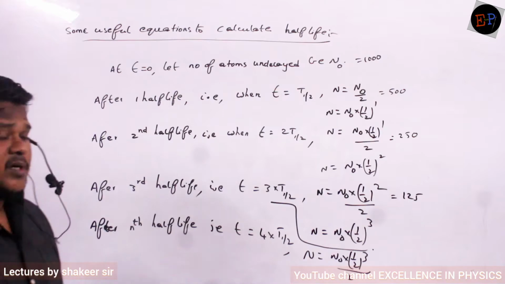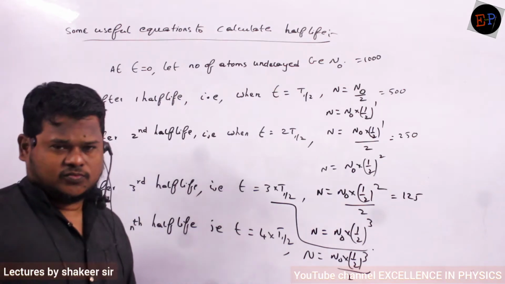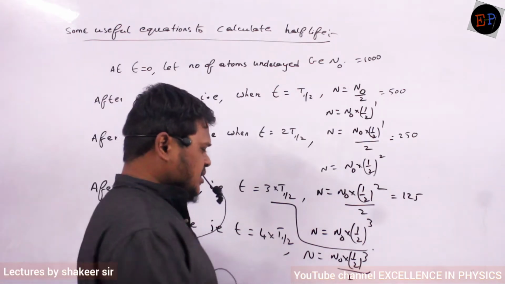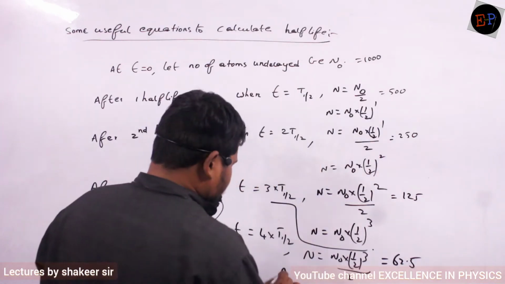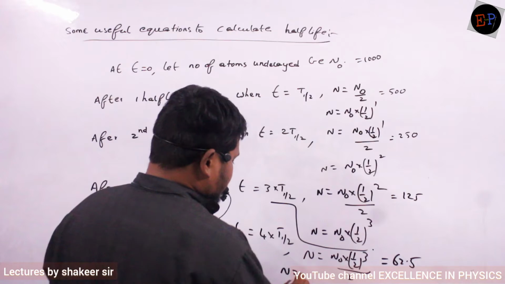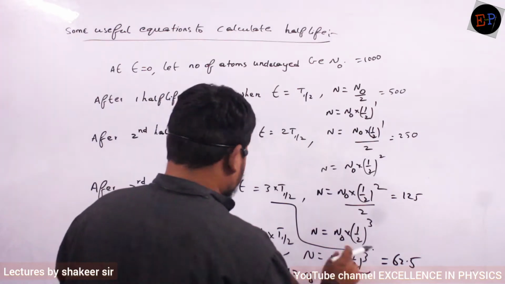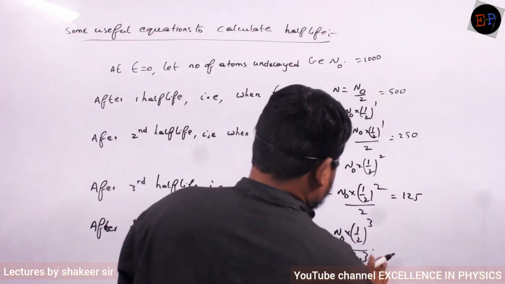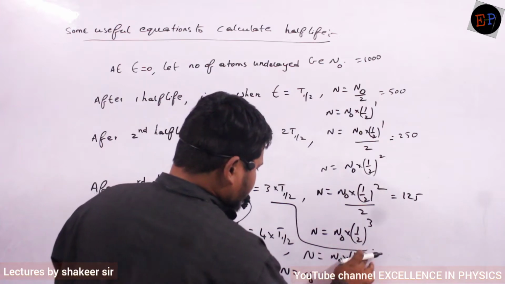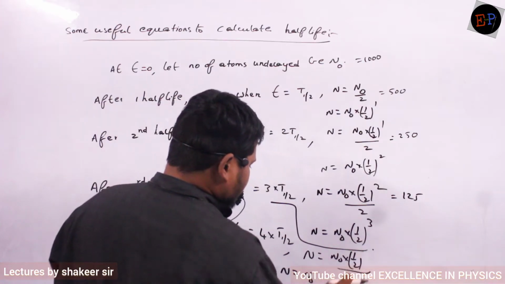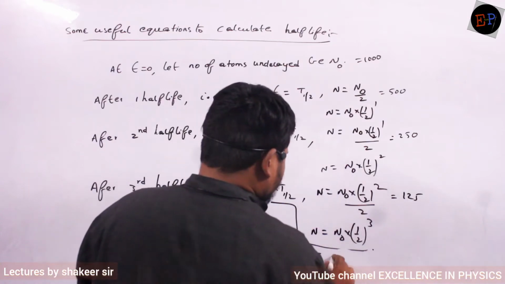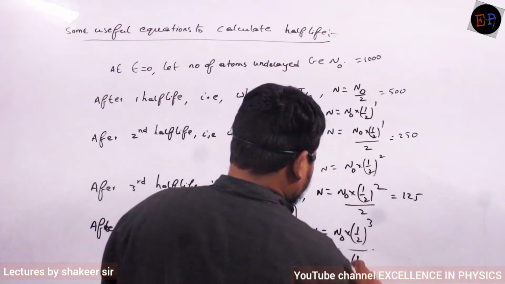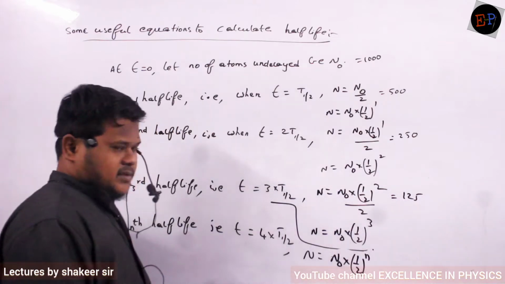So again 125 divided by 2, approximately 62.5. Clear? So n is equal to n naught, after n we are writing, so this will stop here. Directly I will write, no need of all this: n is equal to n naught multiplied by 1 by 2 power n. This is how I can write.